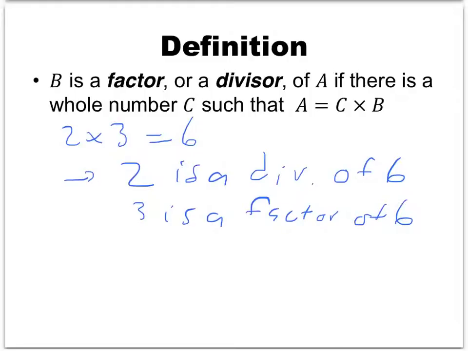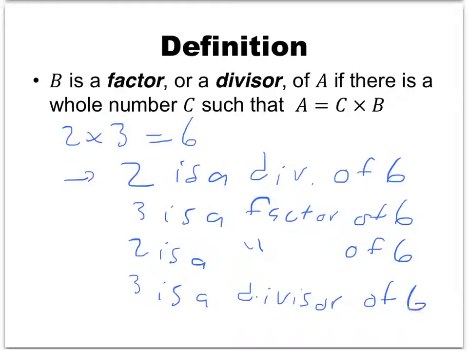We could also say that 2 is a factor of 6, and that 3 is a divisor of the number 6. So from this one equation we can get four different statements: 2 is a divisor of 6, 3 is a factor, 2 is a factor, 3 is a divisor of 6.